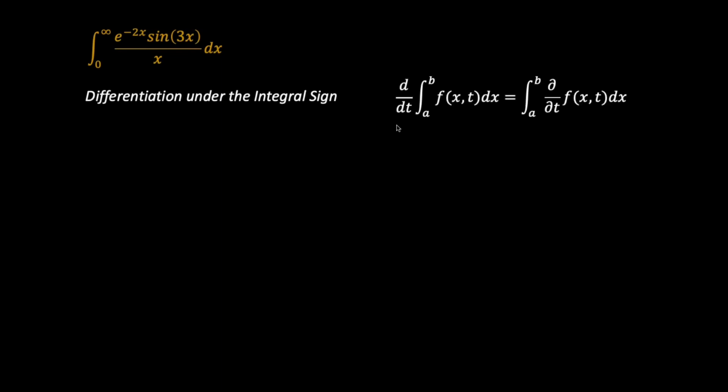So instead of integrating and then differentiating, you could just take the partial derivative of the bivariate function and then integrate the derivative of that function. That's what it means.